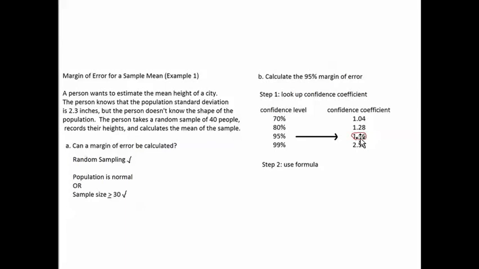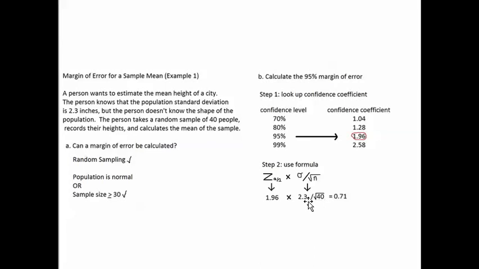The next step is to actually use the formula to get the margin of error. So our confidence coefficient is 1.96. Our population standard deviation is 2.3. That was known to be true in the question. And our sample size is 40. And if we go through all of this math, our answer would be 0.71. I didn't show all of the steps because I ran out of space, but if you wanted to work this out on paper, you would need to start with finding the square root of 40.